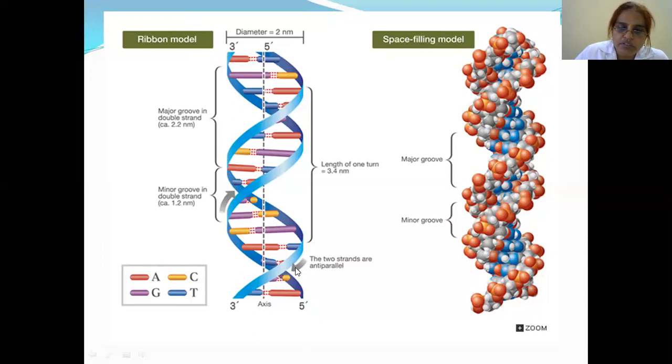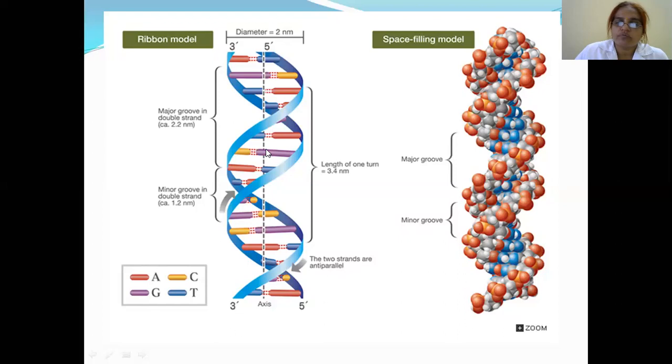This is one helix and this is the other helix. So two helices, a right-handed double helix twisted around the common axis.